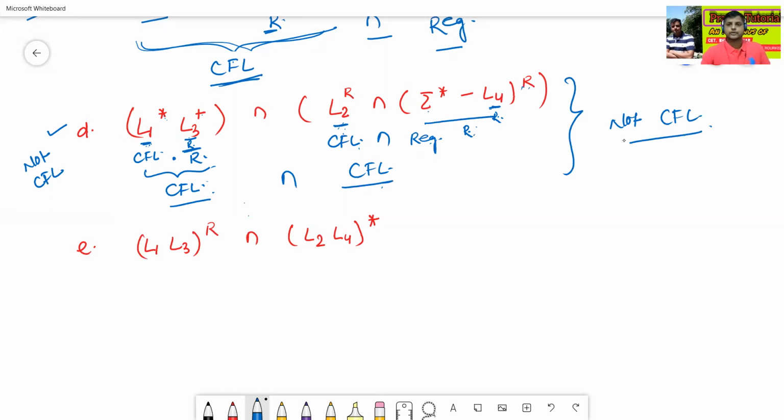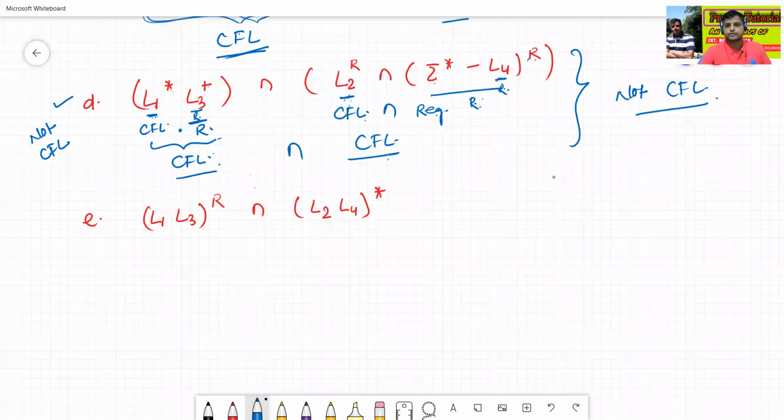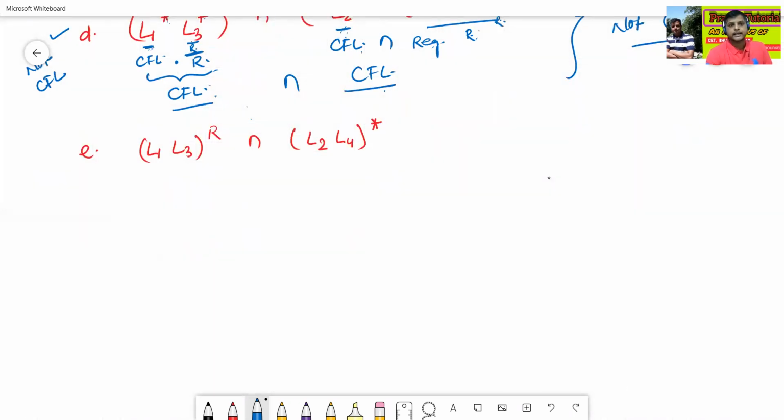Okay. Now we'll see the next question. Here L1 is CFL, and L3 is regular. So concatenation of CFL and regular is CFL, and the reverse of CFL is CFL. Here L2 is CFL and L4 is regular.